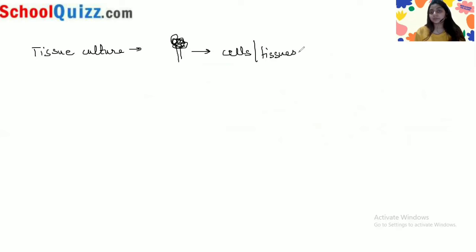These cells and tissues are placed in a chemical, in which small plants, the early stage of the plant, are produced.